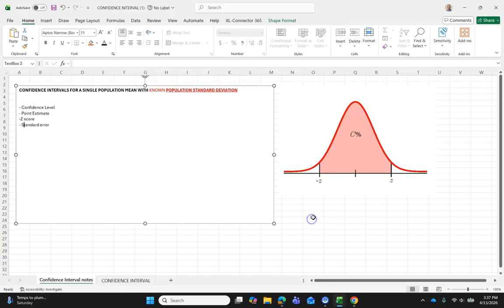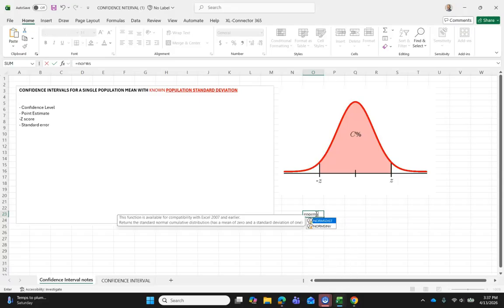So how do we find the z value? Just put an equal sign and type NORM.S.INV, because now we have probability, and therefore we will put the probability, which is 0.025, or we can say 2.5%.